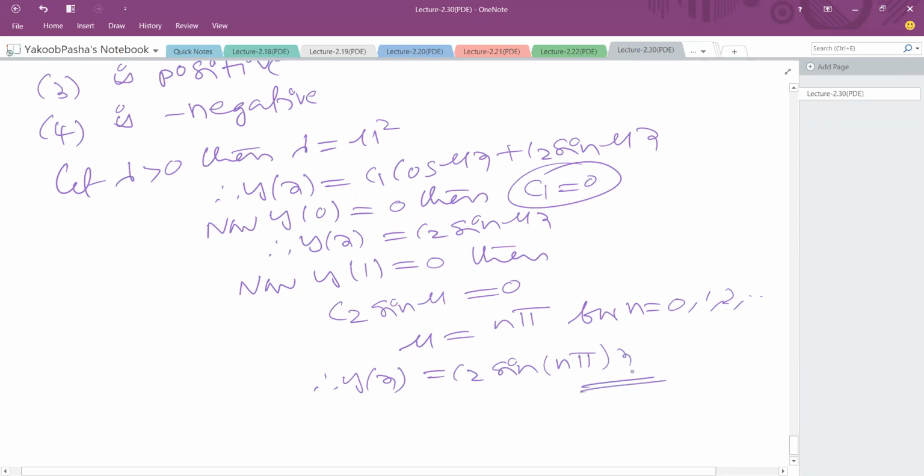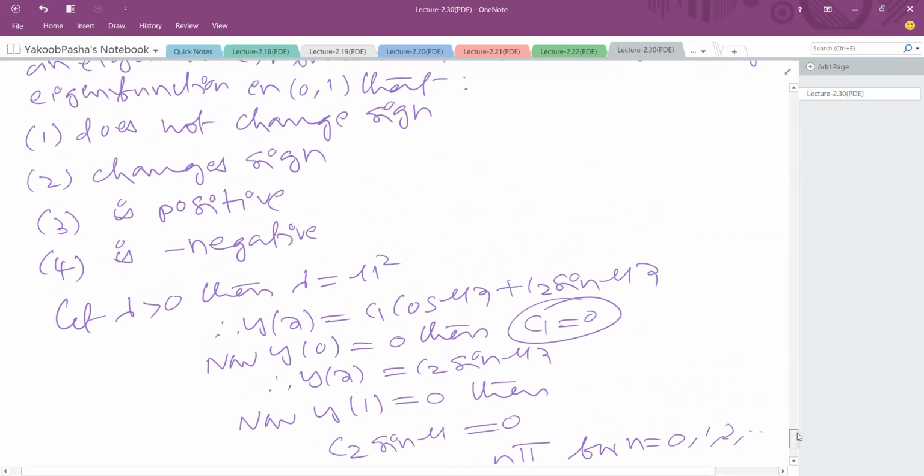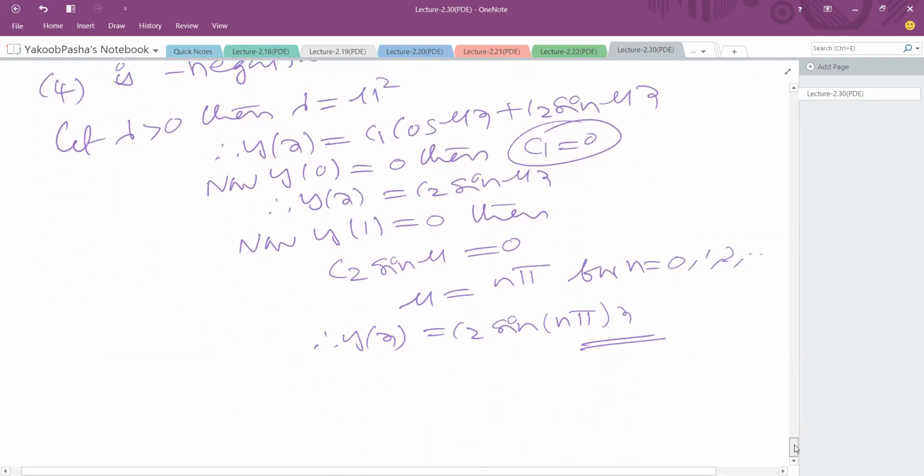This is the corresponding eigenfunction, and the eigenvalue is lambda equal to mu square, that is n square pi square. But we have to check whether the function changes sign or not in the open interval 0 to 1.